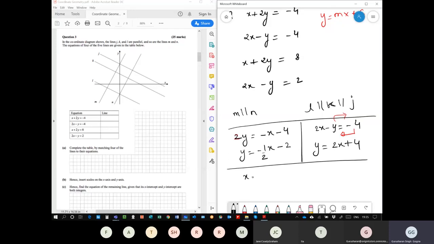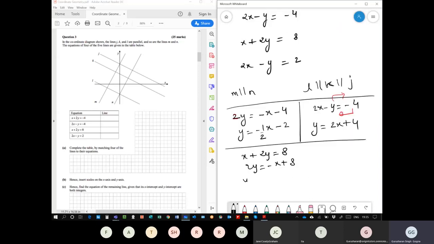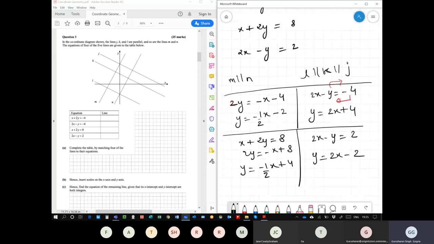And then x plus 2y equals to 8. So 2y equal to minus x plus 8. So again, you need to divide by 2. Minus 1 over 2 x plus 8 over 2 is 4. And then the last one is 2x minus y equal to 2. So y equal to 2x minus 2. Okay.